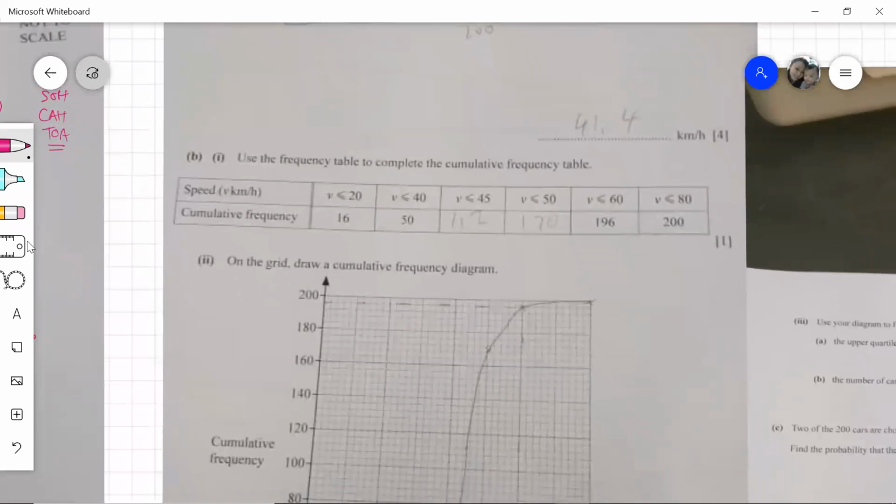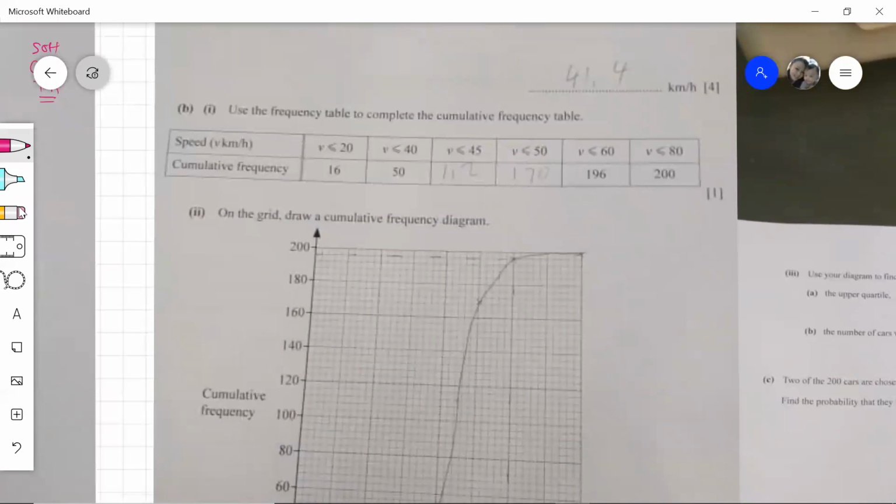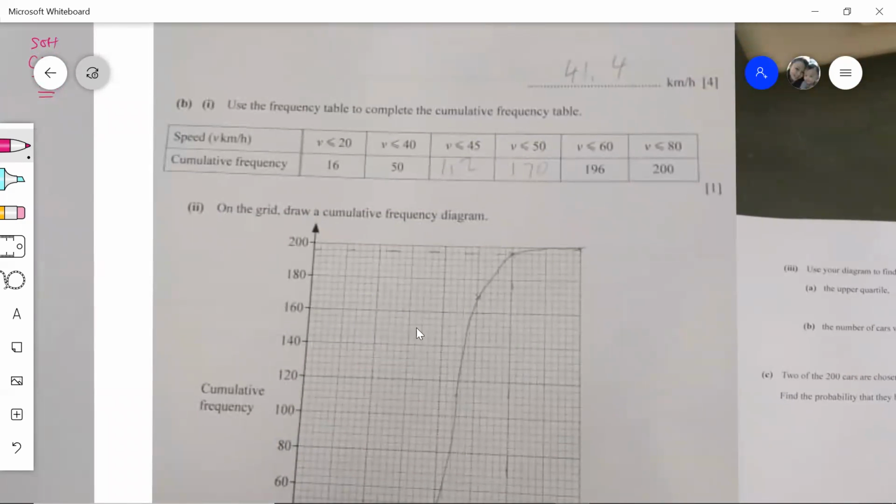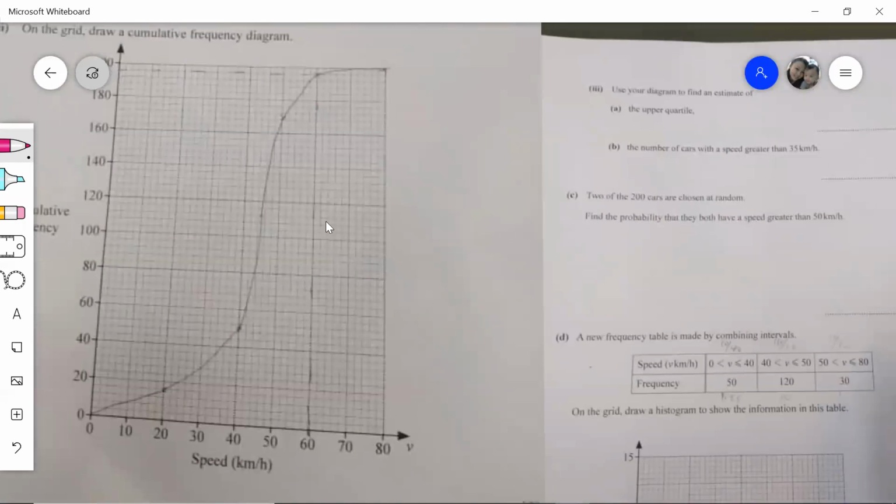Let's move on to this. For this question, you want to ask about this one, right? How do we find, from the diagram, the estimate of the upper quartile? The upper quartile is basically Q3. We have a set of data which we divide into two equal parts.